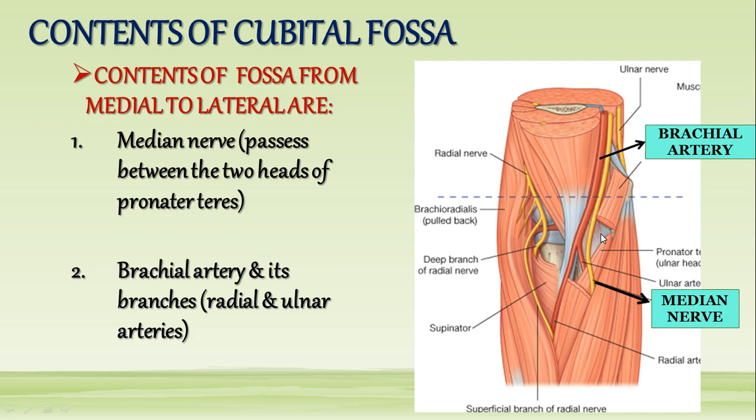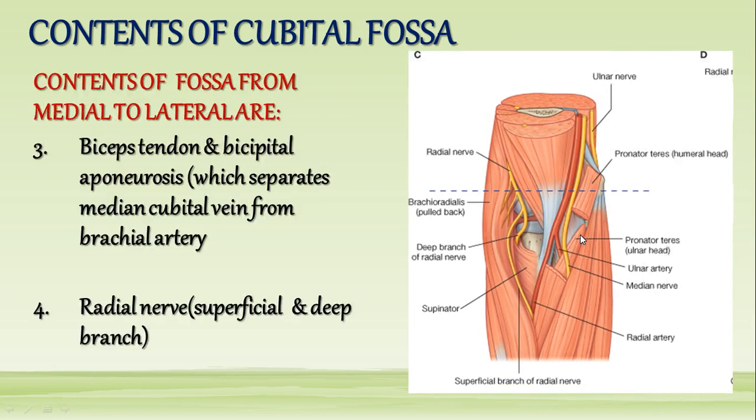So from medial to lateral, the first structure is the median nerve. Then you will encounter the brachial artery. Just lateral to the brachial artery, there is a tendon which is of the biceps muscle.